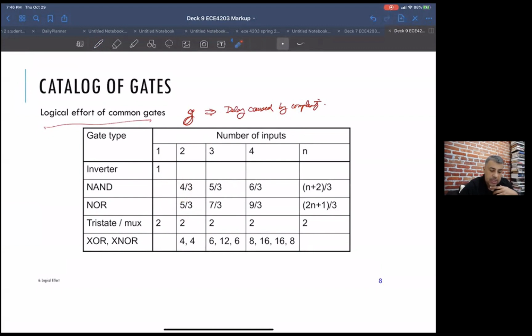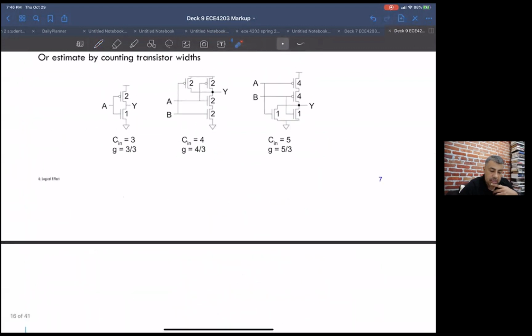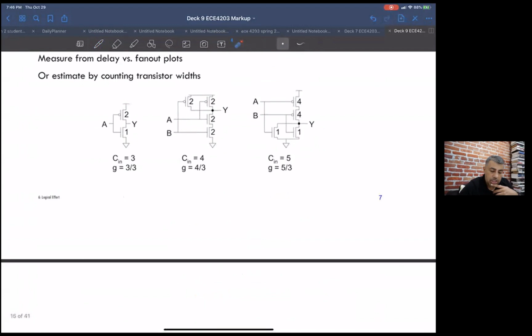The reason for that is, take a 2-input NOR gate. Remember the G's we calculated from the input capacitance. For the NAND gate, we just had to make this device 2x this guy, and so we had a ratio of 4/3.